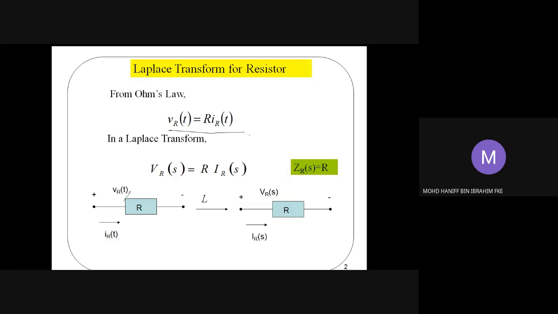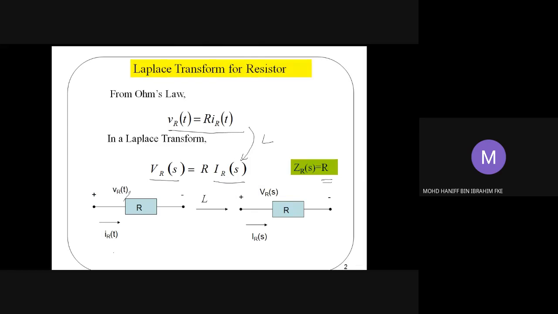We need to transform this into Laplace, where the Vt is transformed to Vs, the R remains as R, and the resistor current IR(t) is transformed into IR(s), or simply Is. So for Laplace transform, your impedance Z is R, the impedance of the resistor.